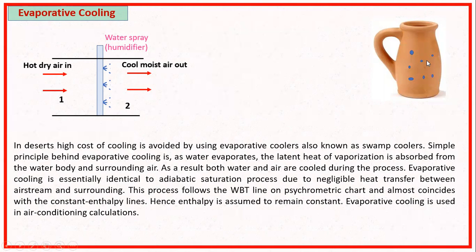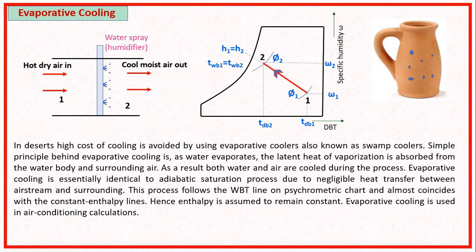Once it comes to the surface, since the temperature outside is very hot, it takes the heat and this water gets evaporated. Once the water gets evaporated, the mud pot gets cooled. So naturally, the heat transfer here will be only the latent heat which comes into factor. Hence, the enthalpy remains constant during this process.